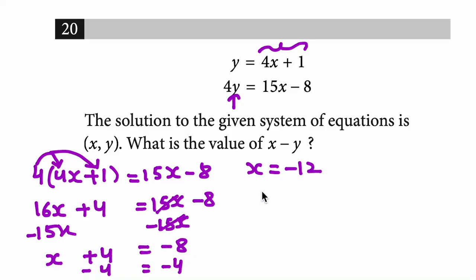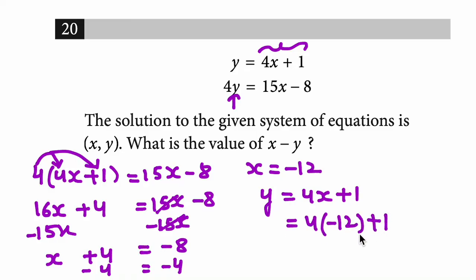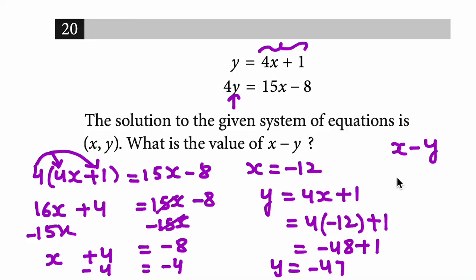Now when I plug in the value of x in any of the equations, then y will be calculated. So 4 times negative 12 plus 1 is equal to negative 48 plus 1, and y is equal to negative 47. So x minus y, x is negative 12, minus negative 47.